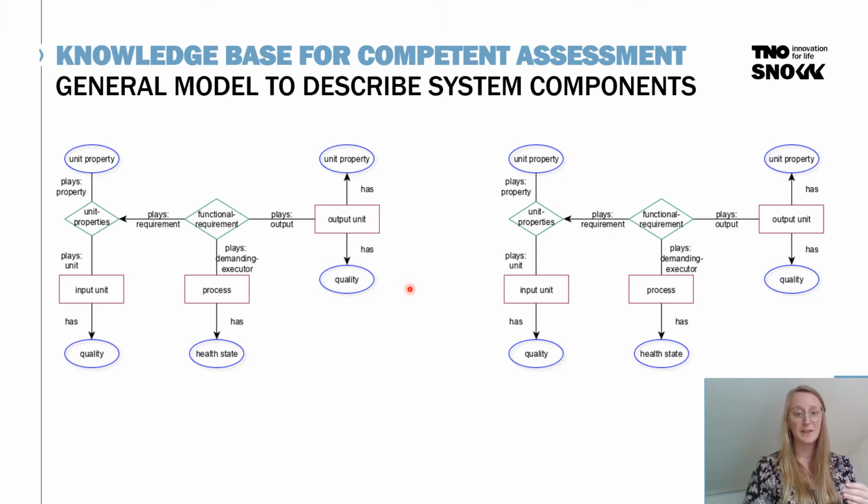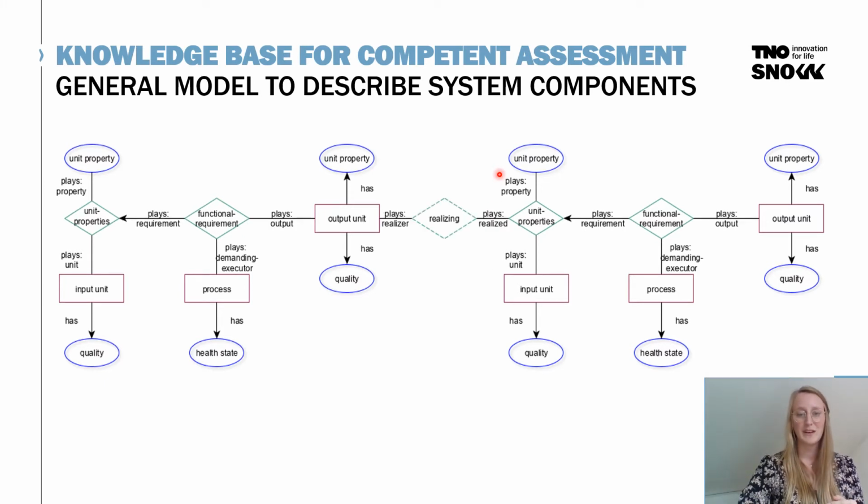If the output of one component matches the input requirement of another one, we can create a realizing relation, which means that this output unit can realize the required input for this process. In this way, we can link the components together and create the configurations.